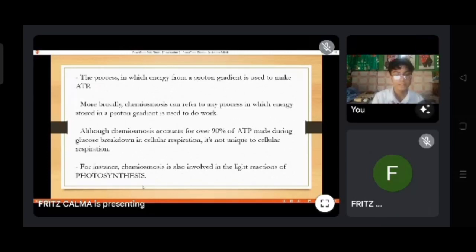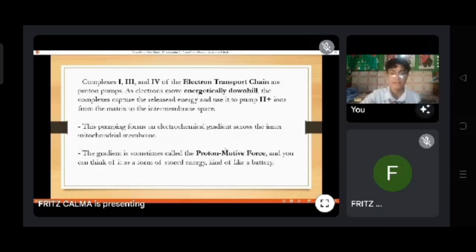Ito, for instance, chemiosmosis, ayan yung sinabi ko kanina, na yung chemiosmosis is involved din dito yung light reactions ng photosynthesis. Okay? Sa complexes 1, 3, and 4 of electron transport chain are proton pumps.